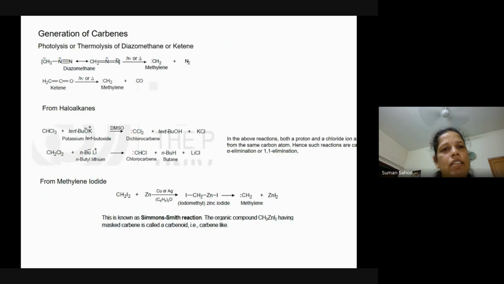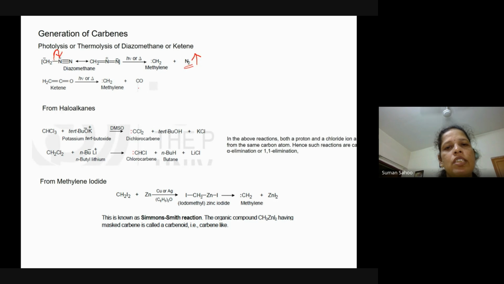It has 6 electrons in its valence shell. So how are these carbenes generated? First one is photolysis or thermolysis of diazomethane. When diazomethane is exposed to light or heat, it undergoes decomposition to give a very stable leaving group. Actually, this happens whenever you have a very stable leaving group.